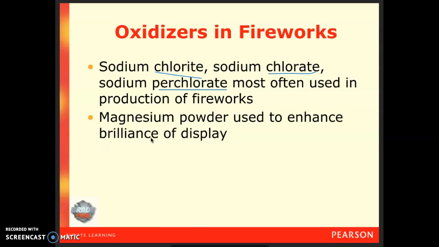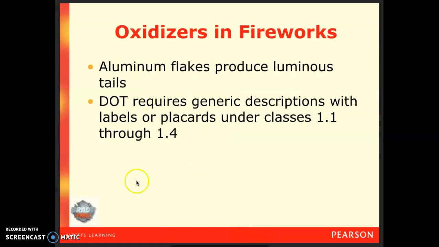And you've seen the reaction before. Magnesium, when it reacts in the air, when it reacts under a flame, gives us that bright white color. Well, that's utilized to the maximum effect in a firework. We also see the use of aluminum flakes, which are used to produce that luminous tail.